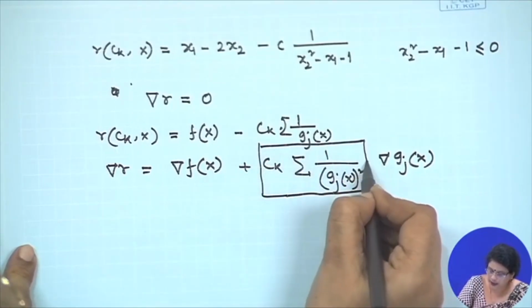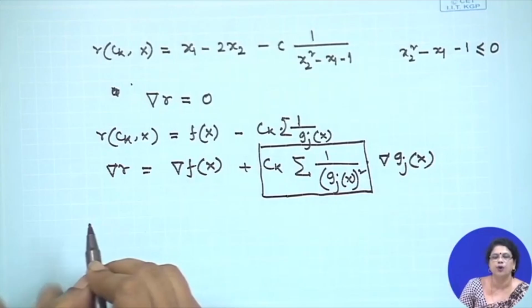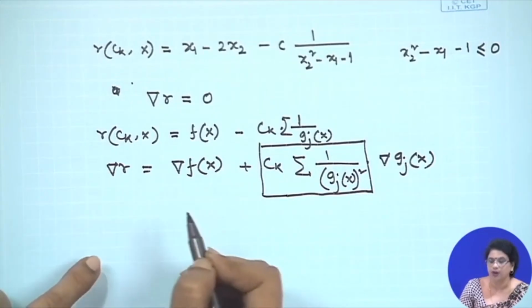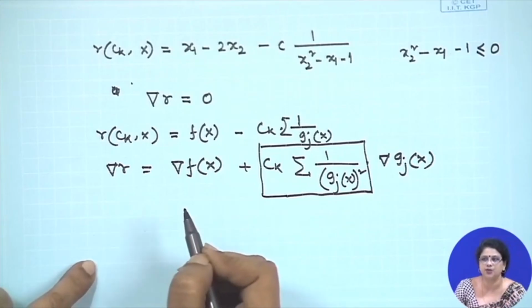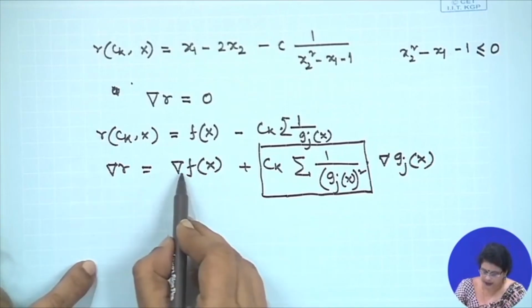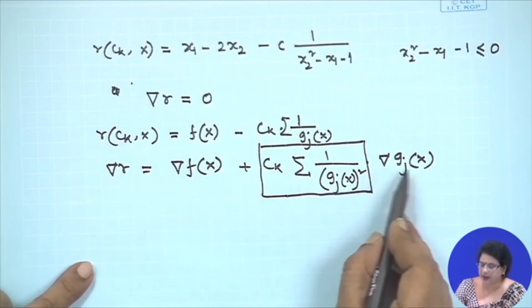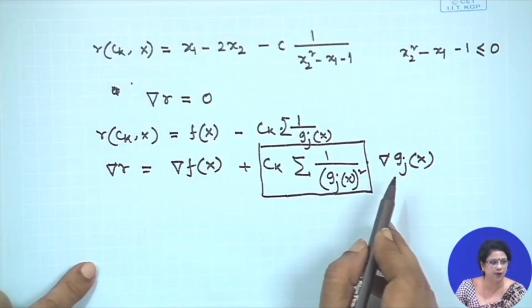You recall the Kuhn-Tucker condition. What was one of the conditions in the Kuhn-Tucker condition for inequality constraint? That was grad of f(x) plus Lagrange multiplier times grad of g_j(x).